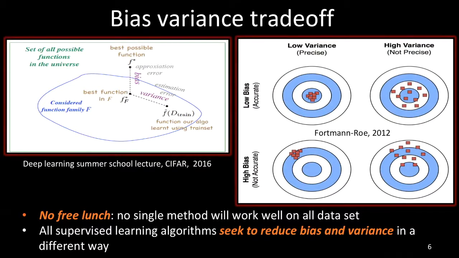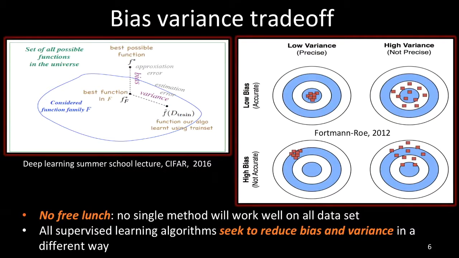So the central aspect in many supervised learning algorithms is the bias-variance trade-off. This is the reason why there are several different learning algorithms. If you see this bias-variance trade-off space, it looks something like this. Take one single supervised learning method, and that method has limited capacity to explore different types of functions that can model an input to the output.